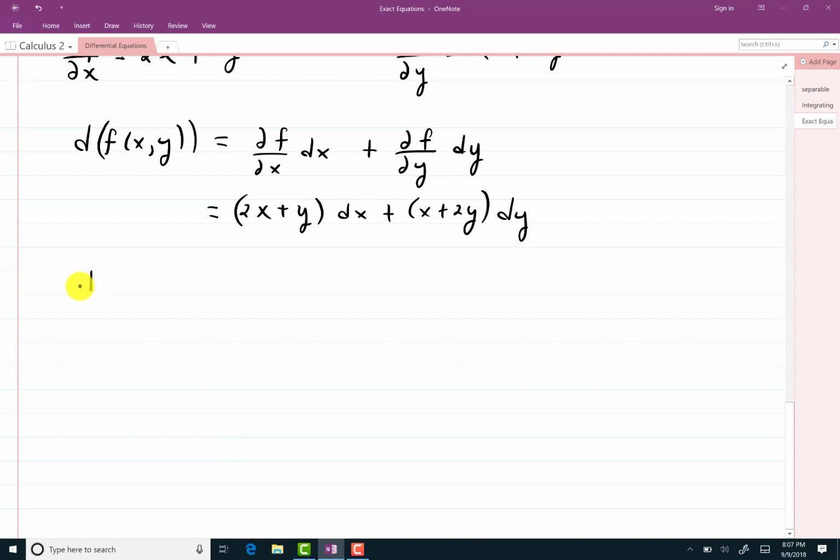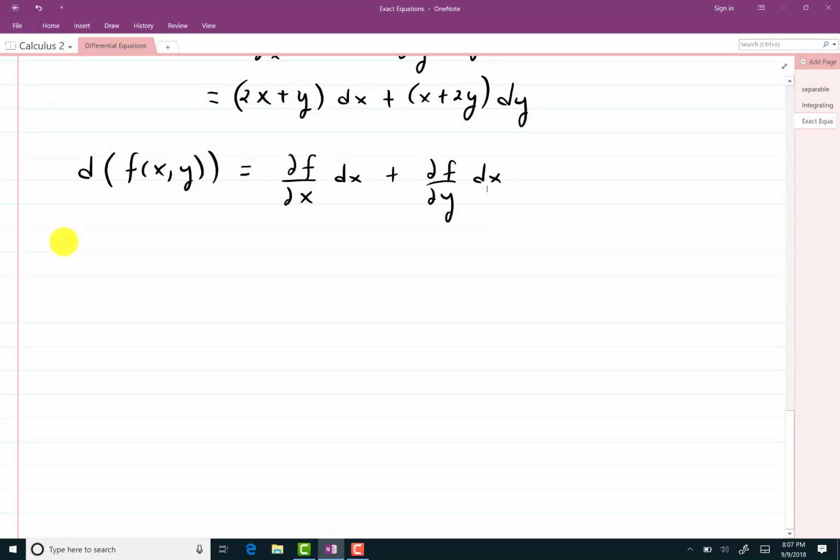If I go back to this equation, d of f of xy is equal to the partial of f with respect to x times dx plus the partial of f with respect to y dy. To solve this, we're going to be trying to figure out what f was. So anytime you go to solve a differential equation, an integration is going to come in.